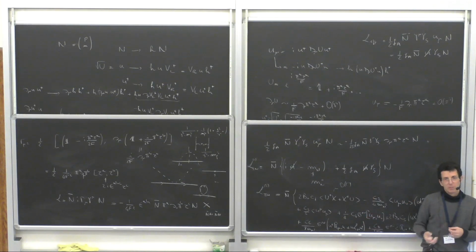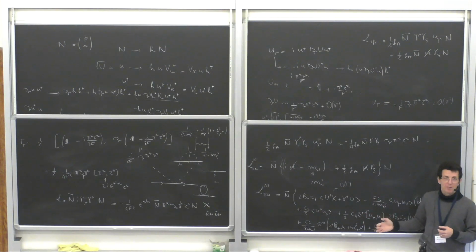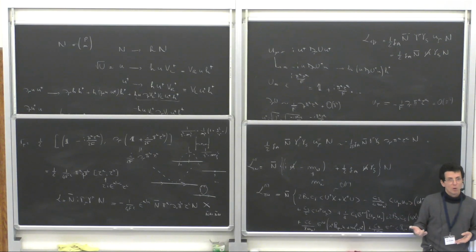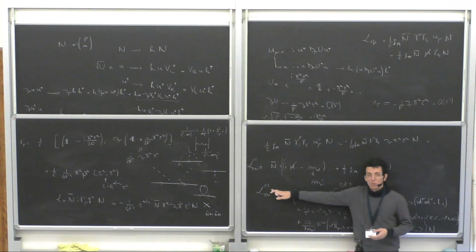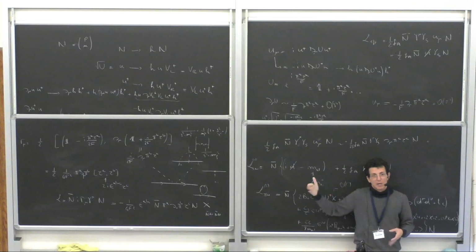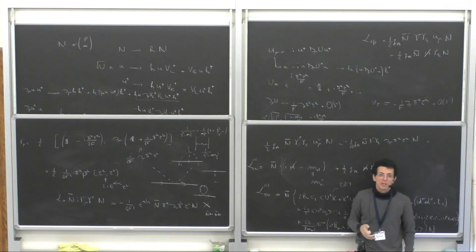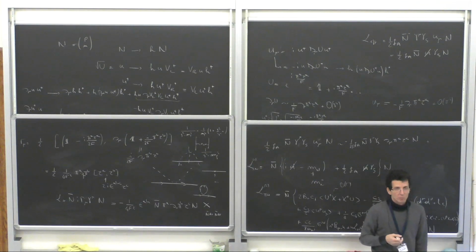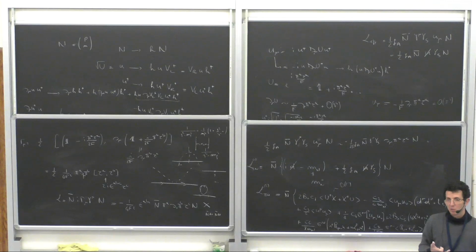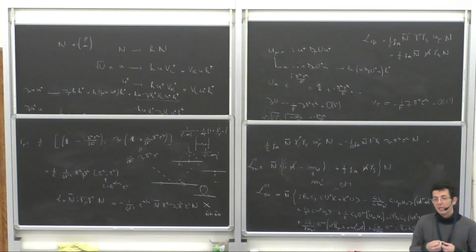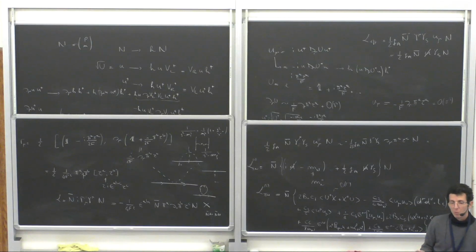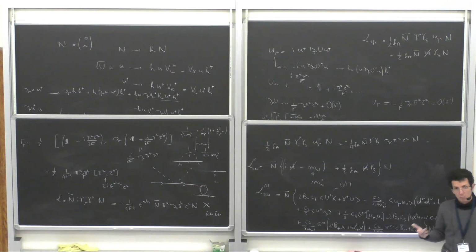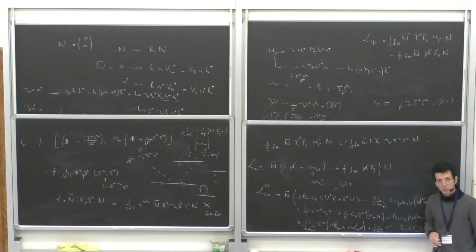Okay, there are not so many. There are 7. The more accuracy you want, the more powers of momenta you consider, the more terms you would have, the more low energy constants to be fitted to data. Therefore, the predictivity is weaker if you want to increase the accuracy.